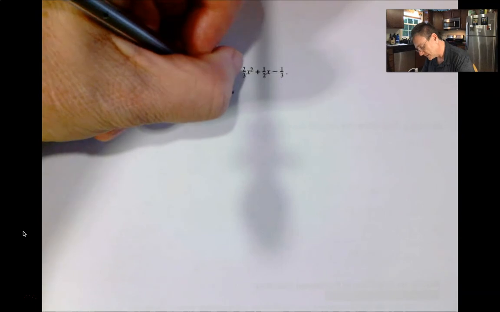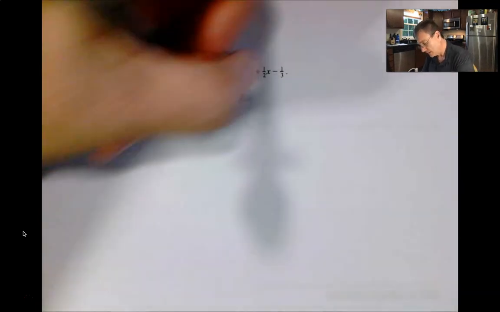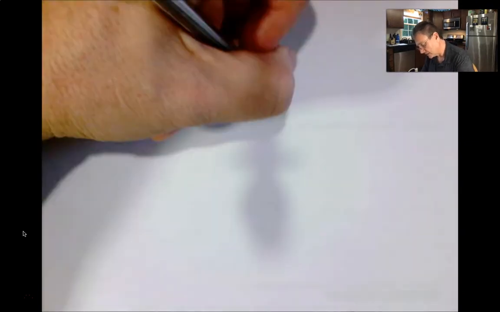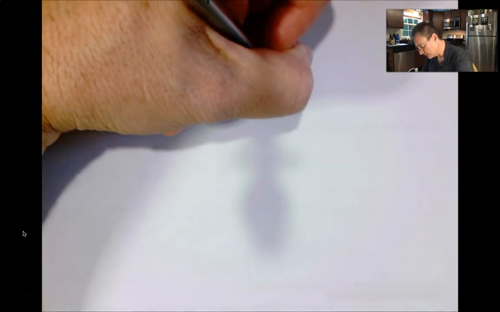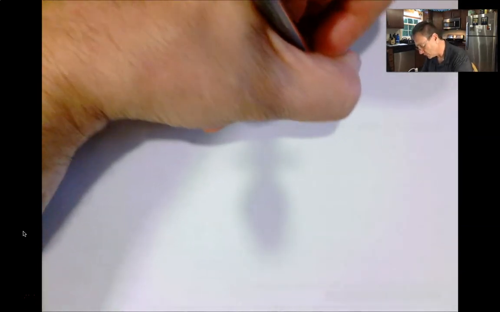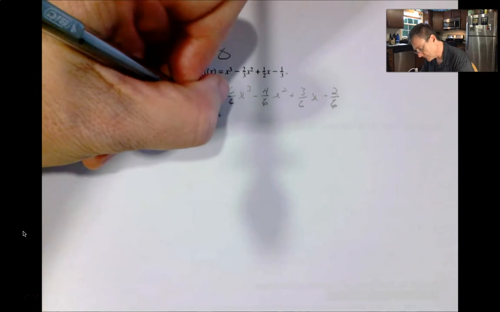Watch this. 6 over 6x cubed minus 4 over 6x squared plus 3 over 6x minus 2 over 6. All I did was get a common denominator for all of these fractions.